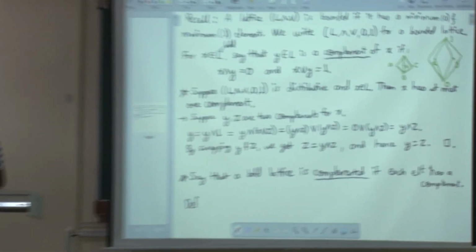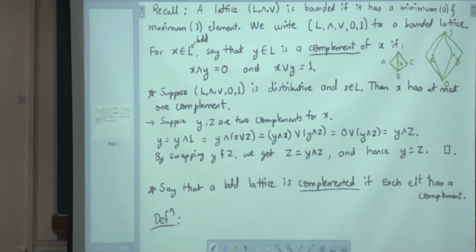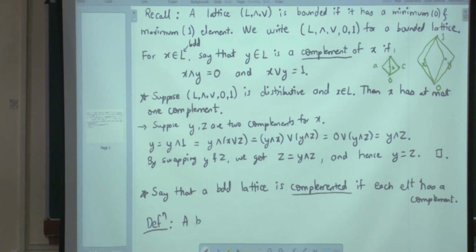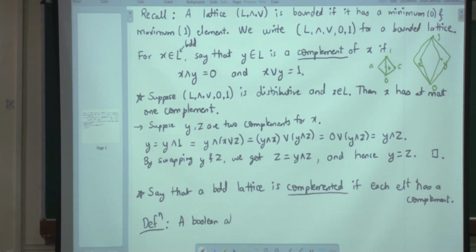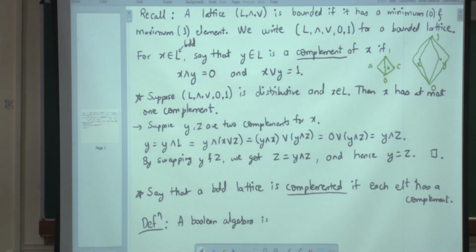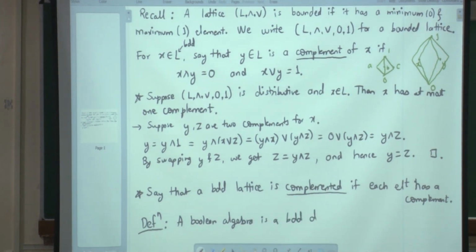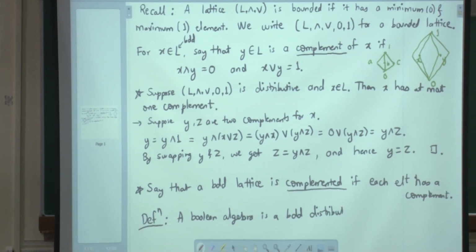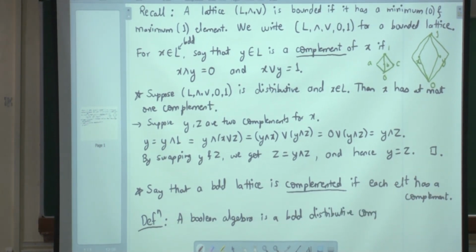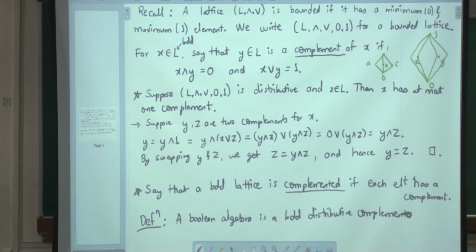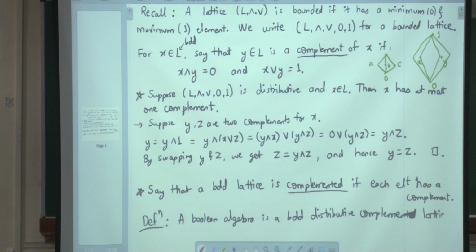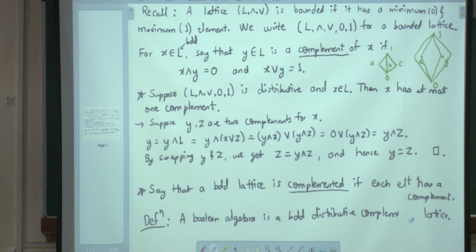So, definition: a Boolean algebra is a bounded distributive complemented lattice.